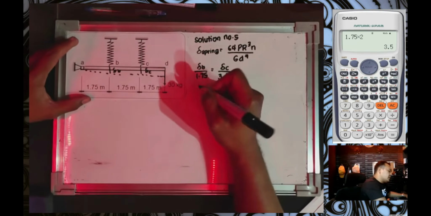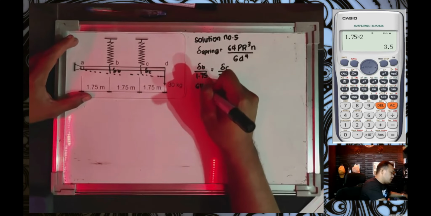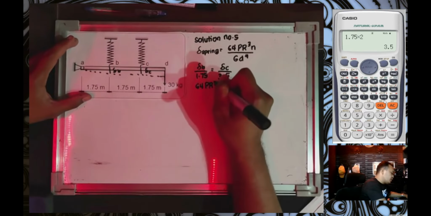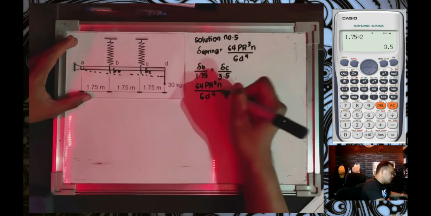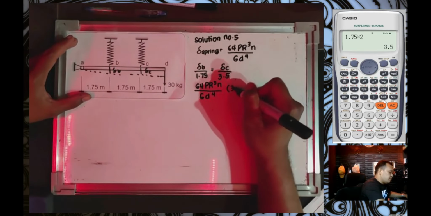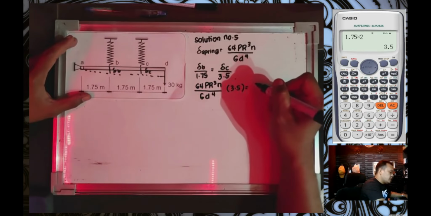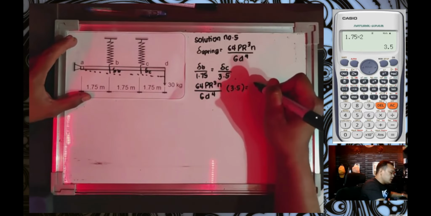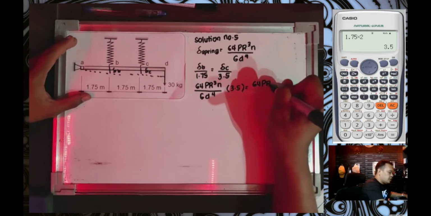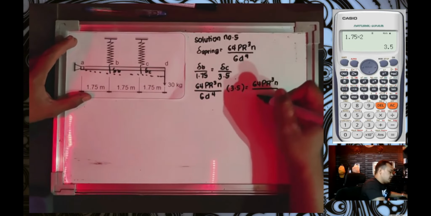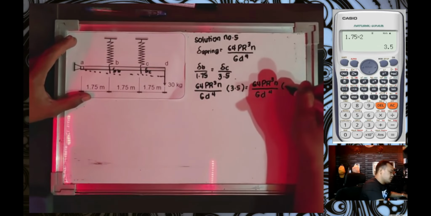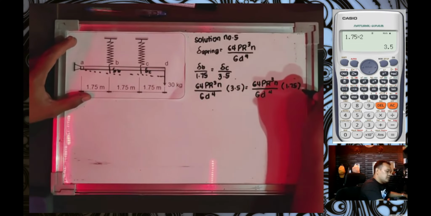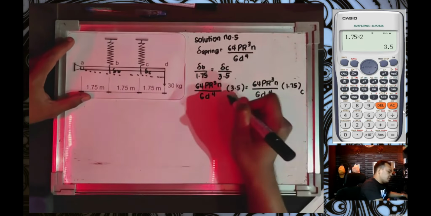So, let's say that ito is 64 PR cube N all over G d to the fourth multiplied by 3.5 equals 64 PR cube N all over G d to the fourth times 1.75. Ito ay para kay C, ito ay para kay B.